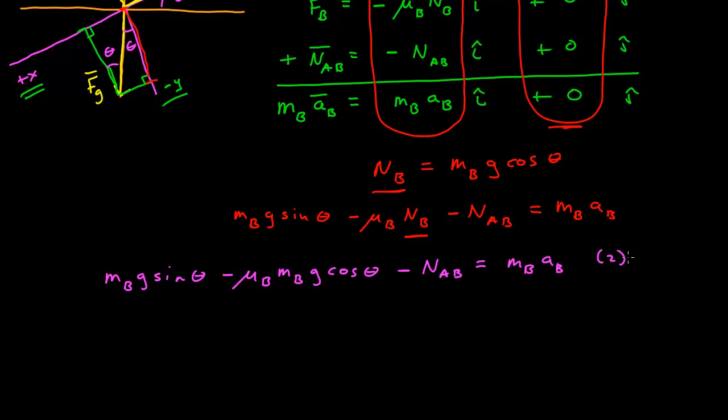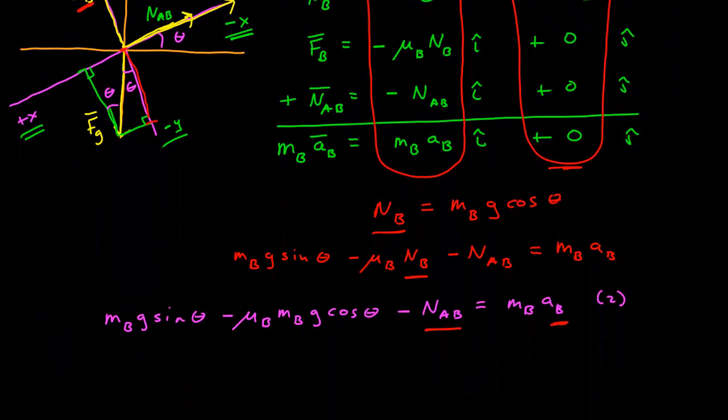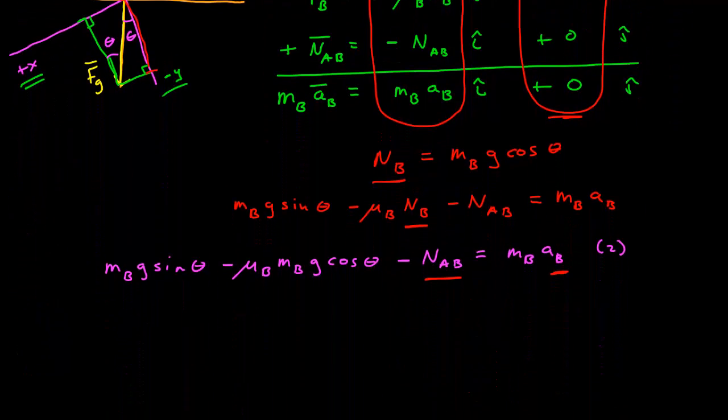Okay, so here's the second important equation. So I really have 4 equations and 4 unknowns here at the moment. I have the acceleration of B, the normal force of A on B, the acceleration of A, and the normal force of B on A. But the normal force by A on B and the normal force on A by B are a Newton's third law force pair.